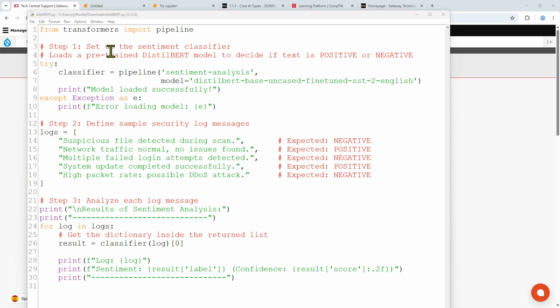And the specific model that I'm using here is this DistilBERT-based uncased, fine-tuned SST2 English. So I load up that model, and then I feed it some sample text for it to analyze, to give that confidence score. Remember, a confidence score of 1.0 indicates very strong model certainty about its prediction.